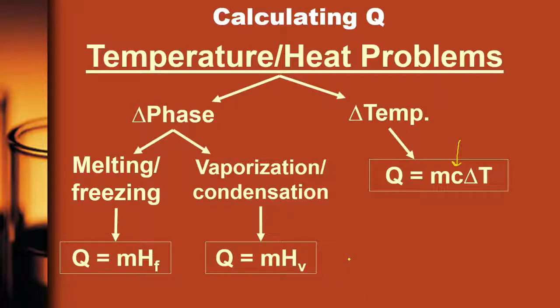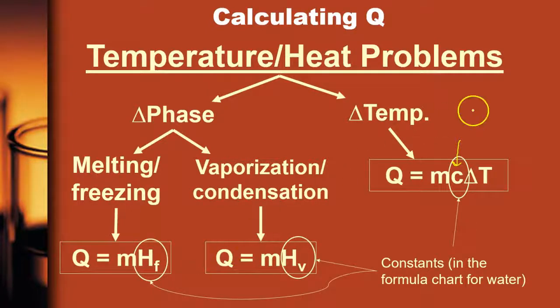I also want you to circle these three right here, the c, the Hv, and the Hf. I want you to circle those because these are constants. A constant is a value that stays the same, at least for a certain material. If a problem is about water, these values are going to be found in the chart.